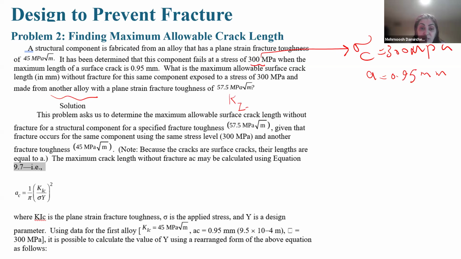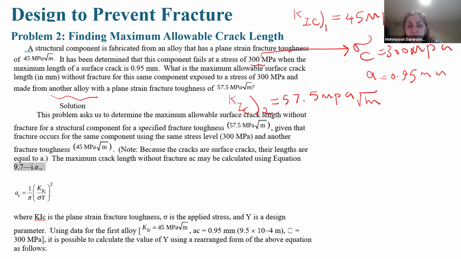So K1C for the second material is 57.5 megapascal root meter, and for the first material K1C is 45 megapascal root meter. But this problem didn't say anything about Y. What should we do? At first, we should find the Y value.